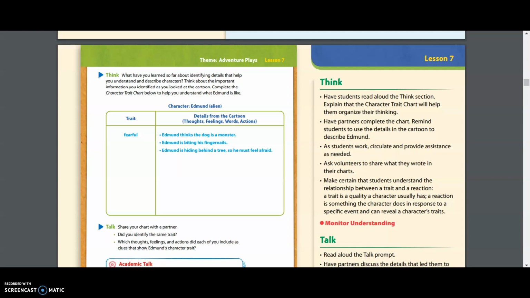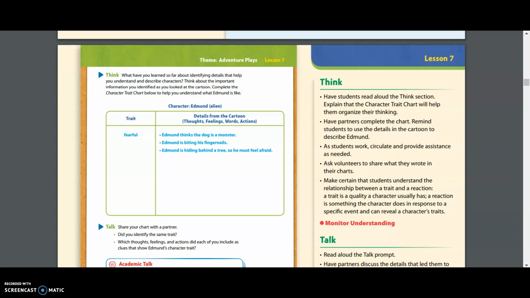So yesterday when we talked, we broke down what a character was, what a character trait is, what their motivations are, and how we can support those with different details from either the text or from the play, or as we saw yesterday, from the cartoon. We took a deep dive looking at two aliens from outer space who were trying to get back home.